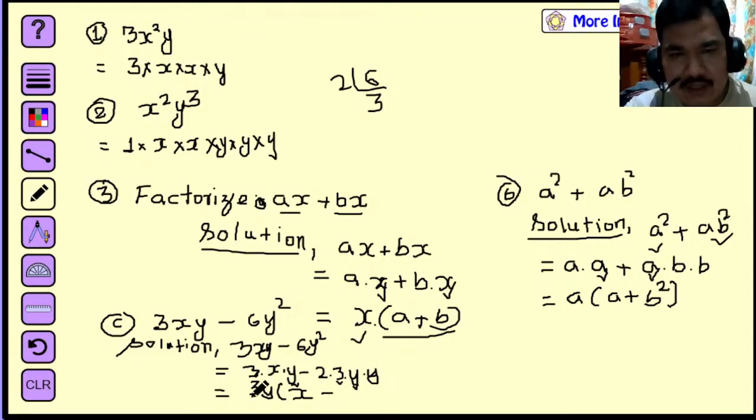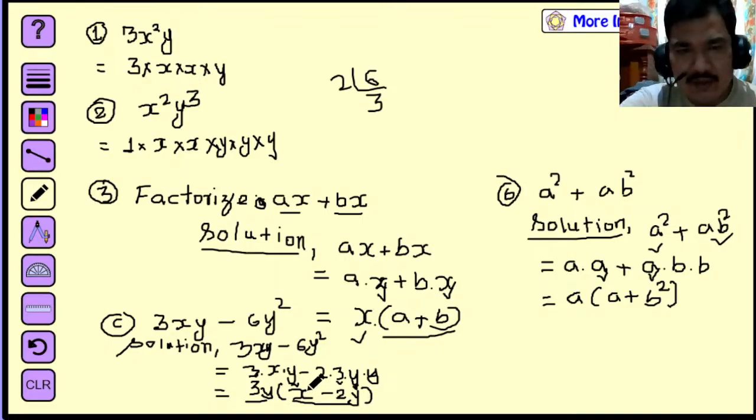And this 3 also taken common, then 2 is left here. And y into y, one y has already gone common, so we have to write 1y left here. Like this, one factor is 3y, and another factor is x minus 2y. x minus 2y is one factor and 3y is another factor.